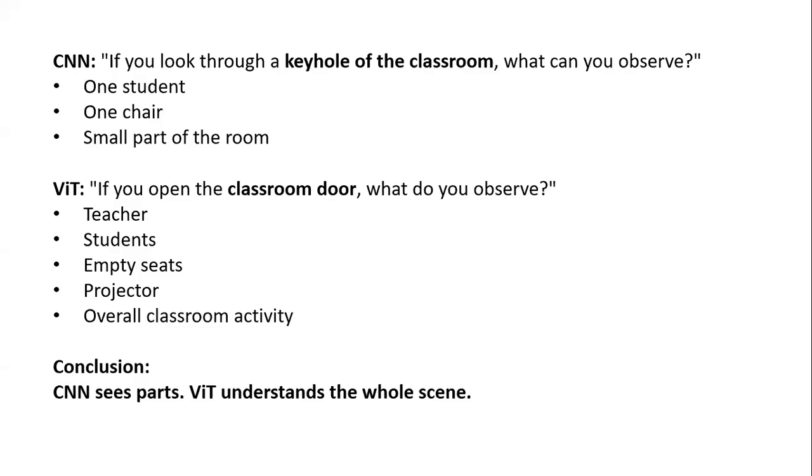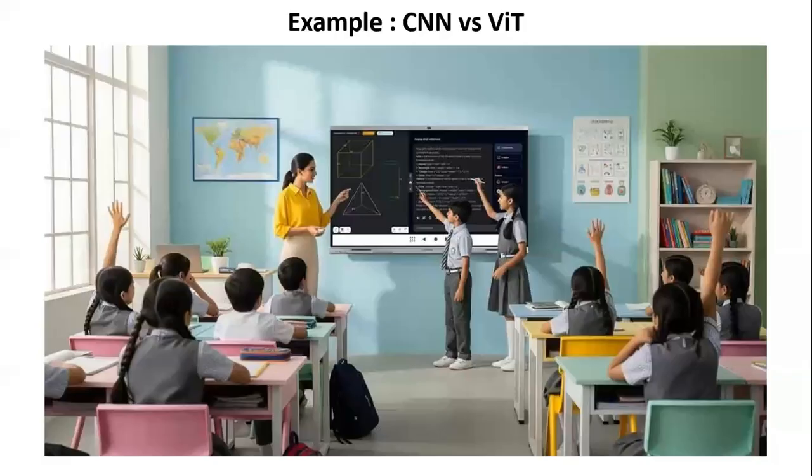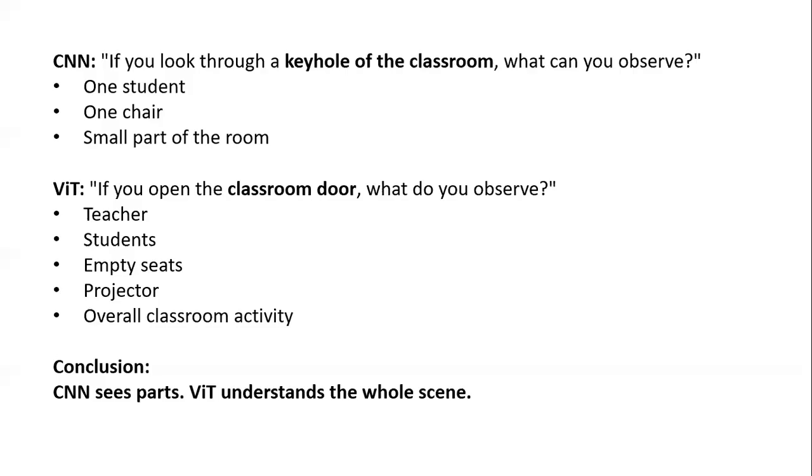If we look out, the entire image won't be visible to CNN. It looks into parts. It starts with smaller things and then it enlarges. It's like we are watching this classroom from a keyhole. Now, talking about vision transformer, if you open the classroom door, what do you observe? You can watch the things at a glance.